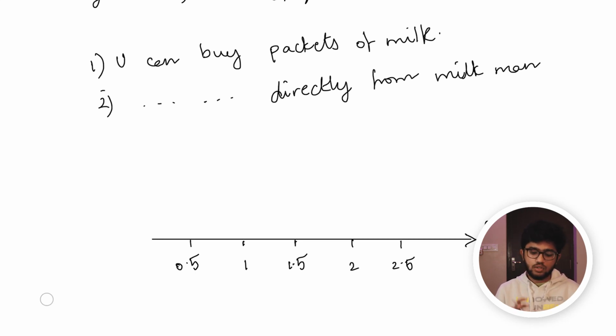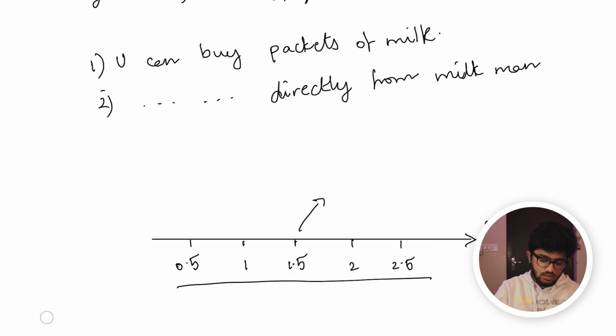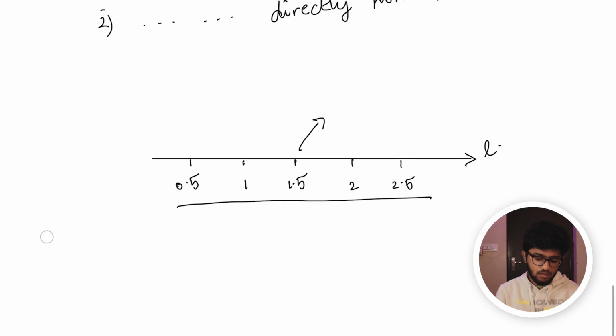Now the question is, if I ask you which kind of data these data points belong to, we generally tend to answer that it comes under continuous data. Just because we see some number which has a decimal in it, we usually tend to believe that it belongs to continuous data. But these data points belong to discrete. I'll tell you why.